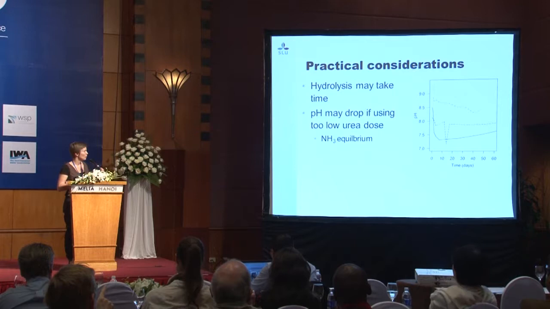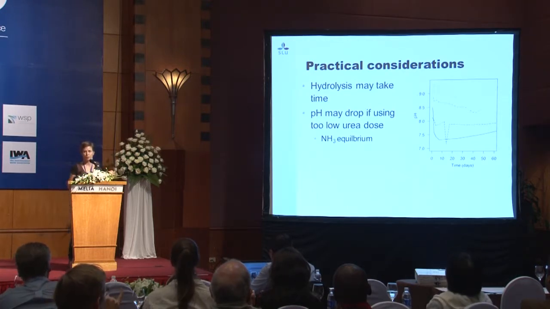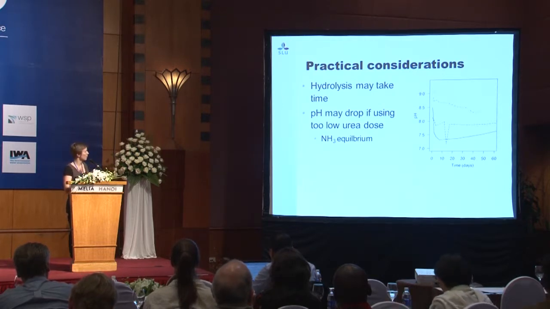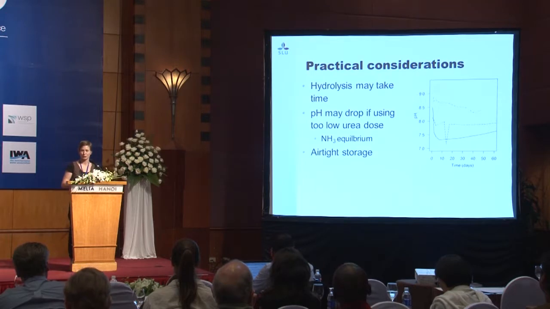And also, it was observed that if the urea dose was quite low, then the pH dropped quite fast, and then the resulting ammonia NH3 concentration became too low to be efficient to inactivate the pathogens. And also stressed again that it's very important to perform this treatment in a closed way.